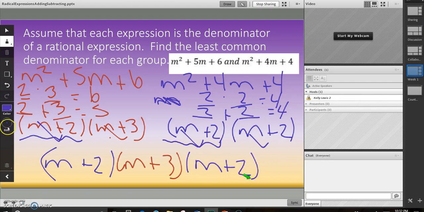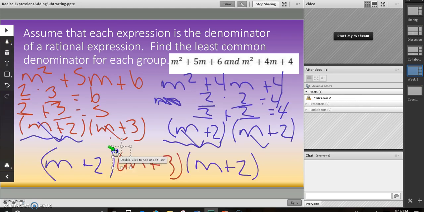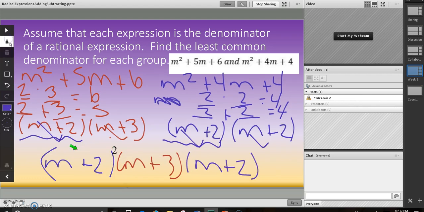So since I have that m plus 2 twice, what you should really do is put a squared there. Okay. And this could be your answer. If you didn't put a squared there, then it would just be m plus 2 times m plus 3 times m plus 2.